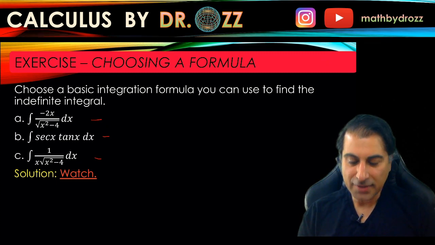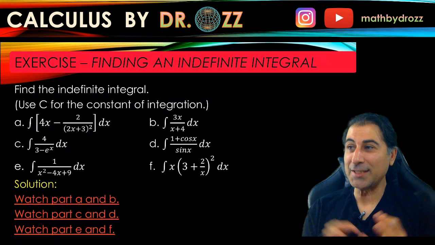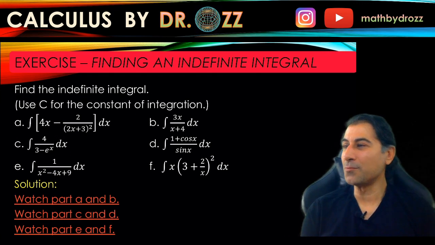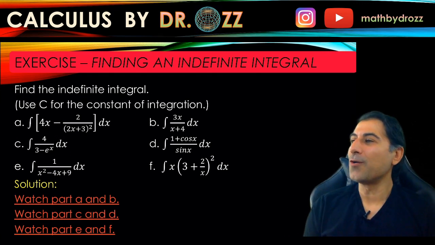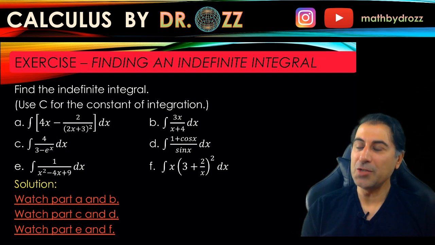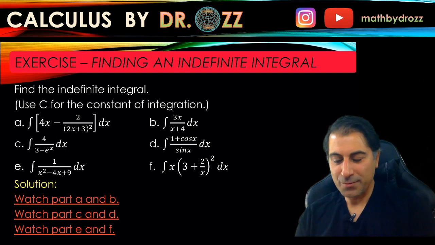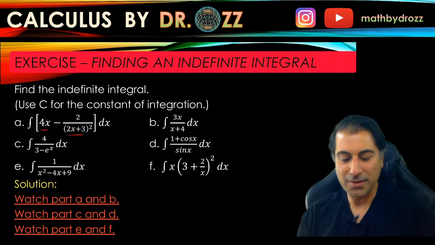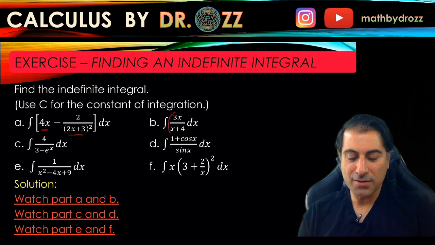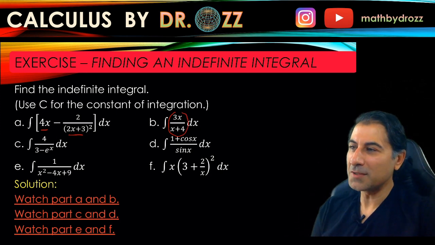And in the second exercise, as I said, we have plenty of exercises for you to practice with me. So we have 6 integrals, and each of them uses an integration technique. Here we go. So this one and this one, long division. I'm just giving you some tips here.